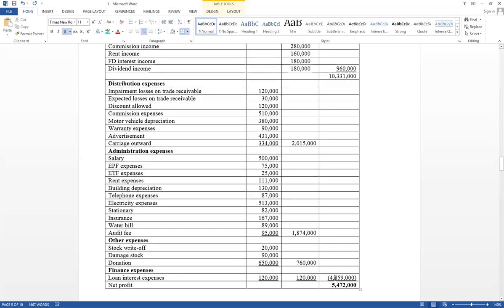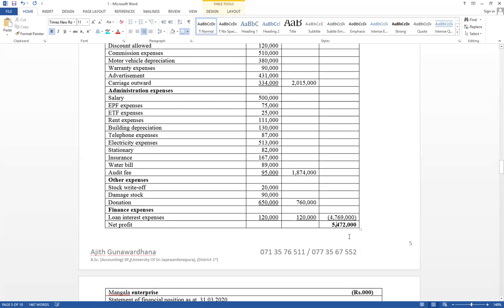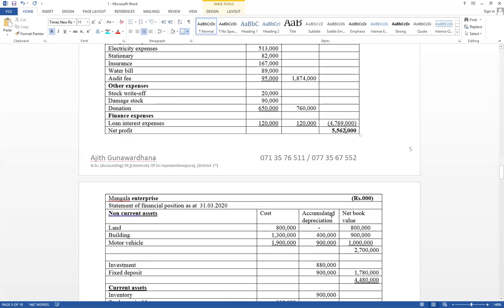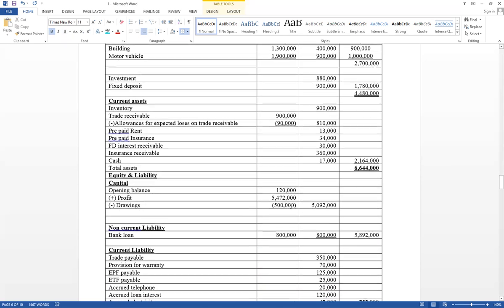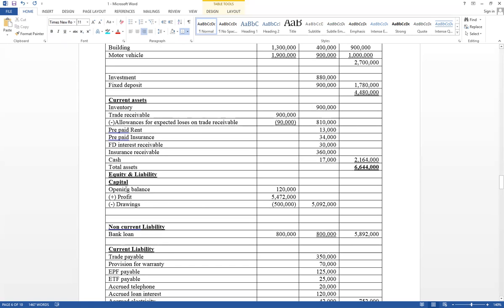Total expense equals 4769. Then 10,331 minus 4769, therefore 5,562. That is profit. That value should be included under capital, profit 5,562.